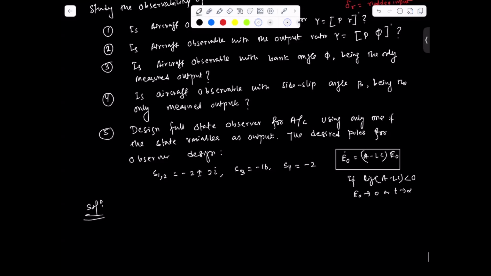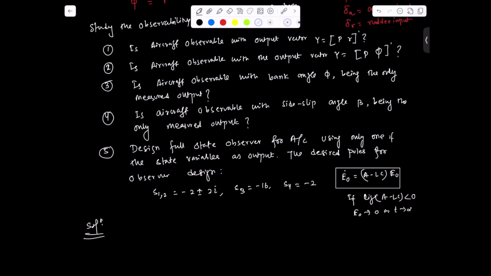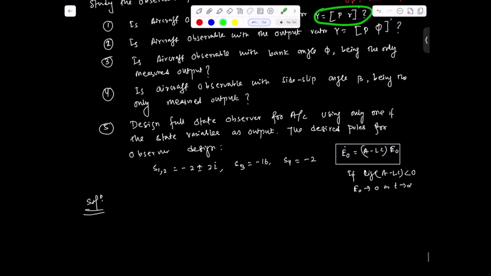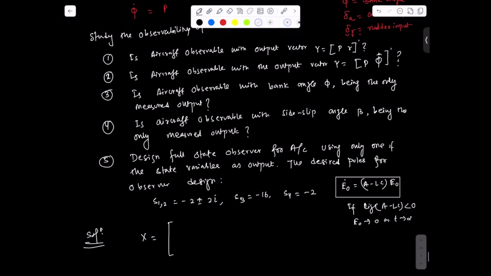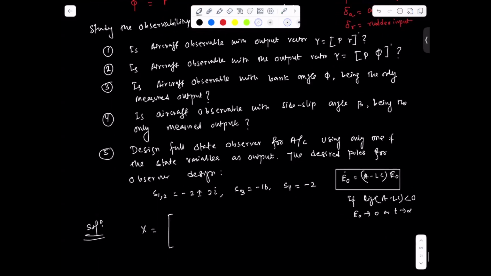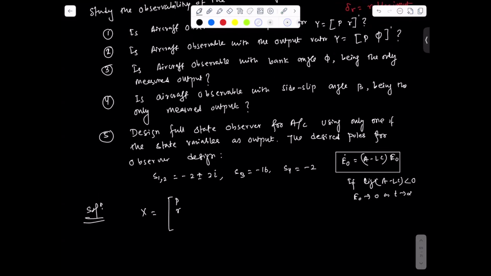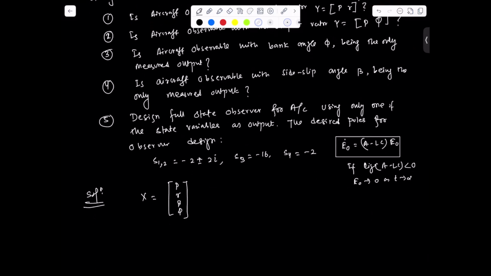First question: is the aircraft observable with this output vector? Our state x is p, r, beta, phi, which we get from solving the state equation.